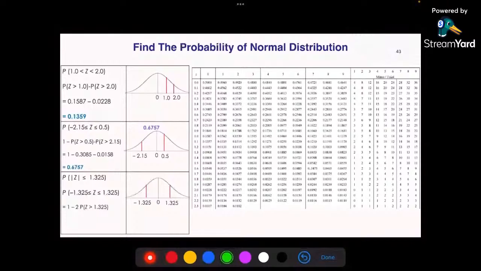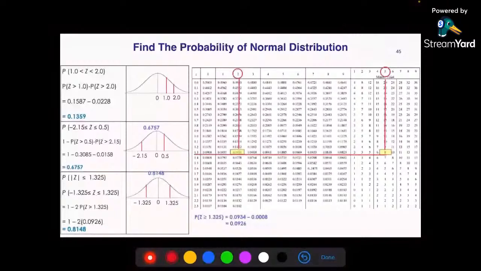So kita baca sebagai 0.0934 minus dengan 0.008. Cara dia baca, nak tulis dia 0.008, you akan dapat 0.0926 untuk satu part. But then we have 2 parts. That's why kita kena darab dengan 2. 1 tolak dengan 2 part tu, 2 ekor kan. So you akan dapat 0.8148. Okay, so this is how we find the probability when you are given the Z score.